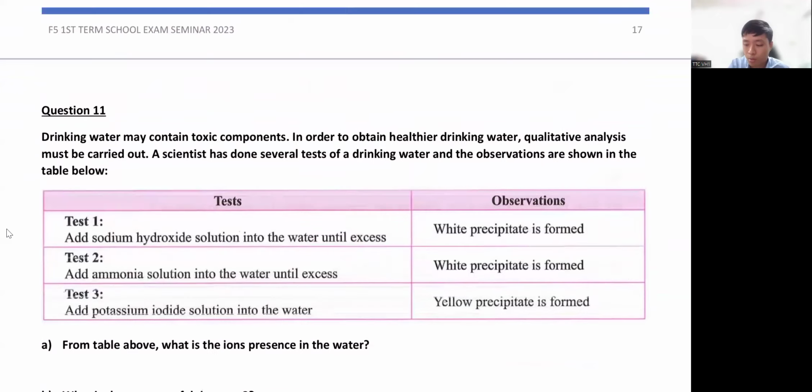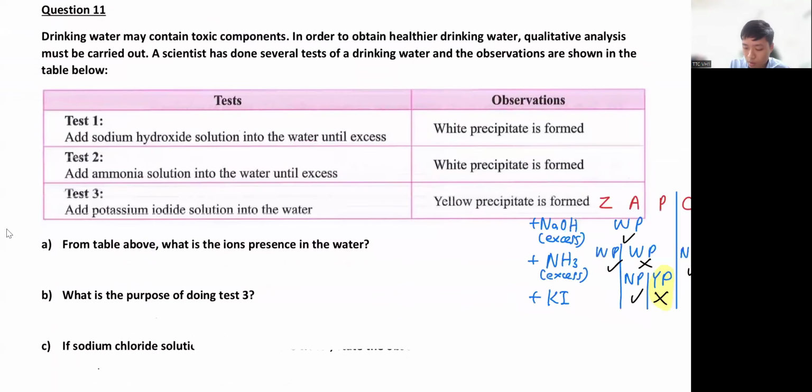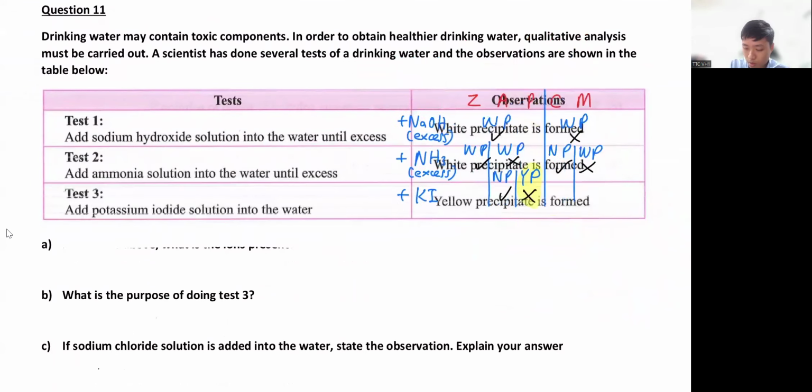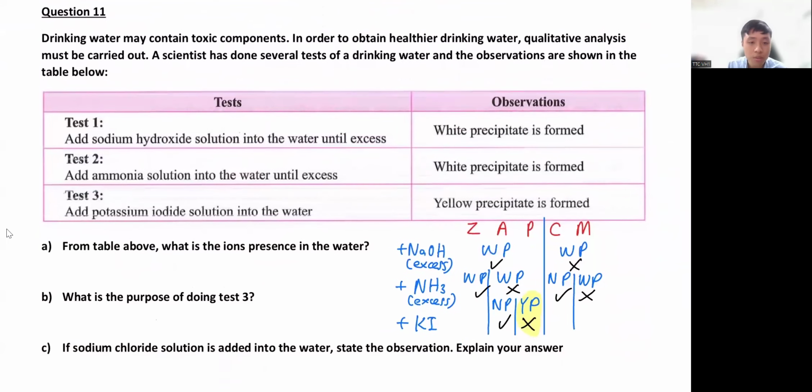Question 11. So page 18. So test one, add sodium hydroxide. White precipitate. Test two, ammonium solution.